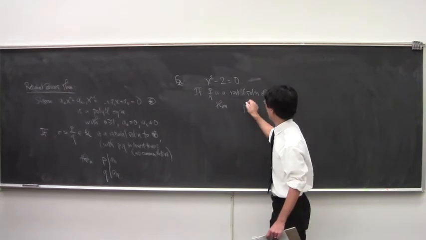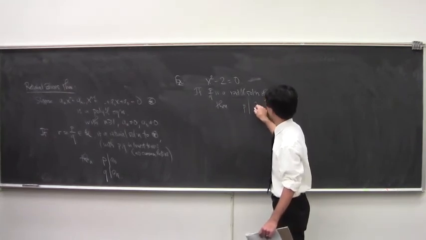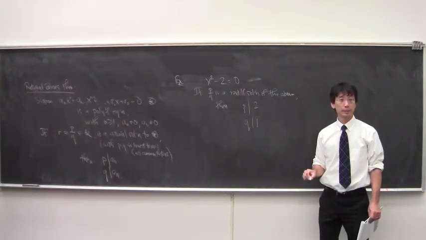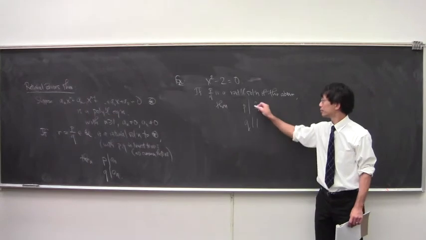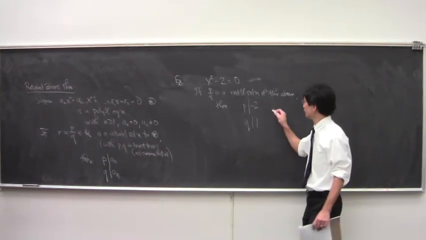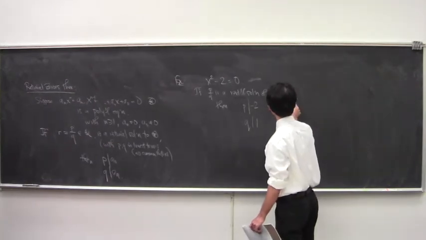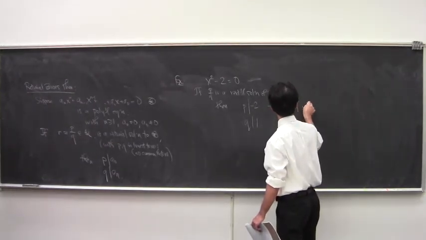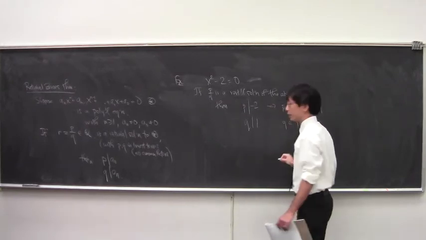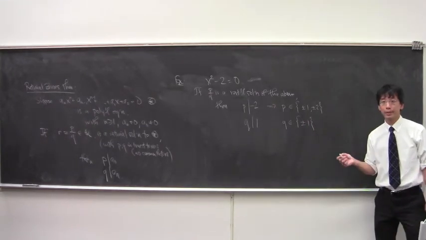That p has to divide evenly into 2, and that q has to divide evenly into 1. So what does that tell you? That p must be either plus or minus 1 or plus or minus 2, and q could be plus or minus 1.